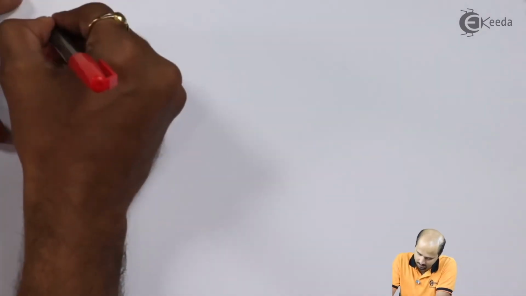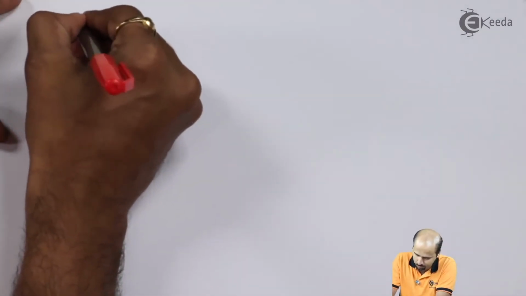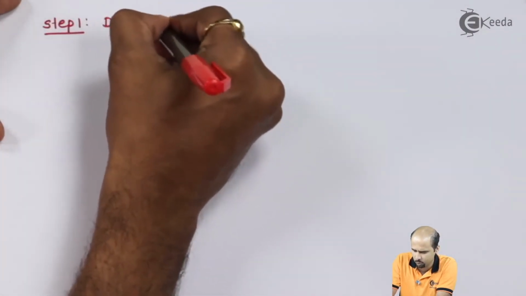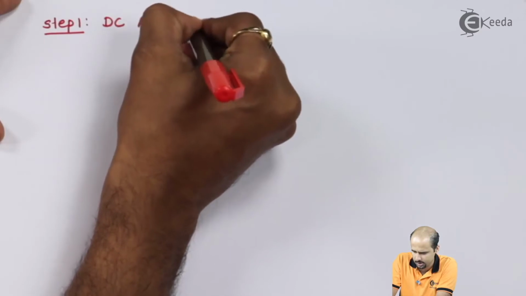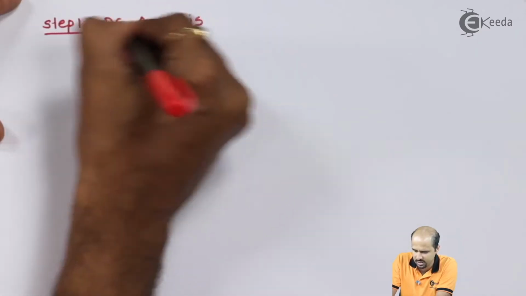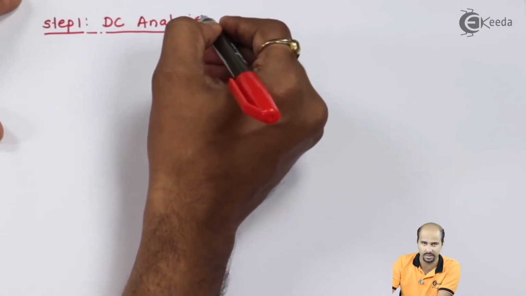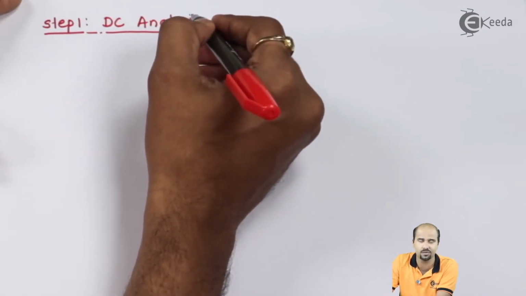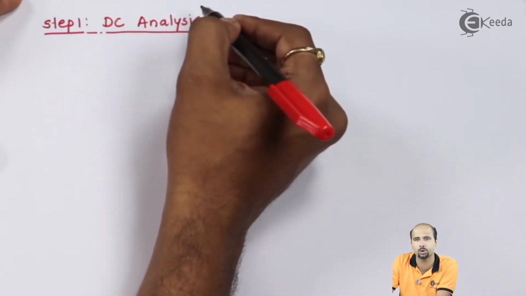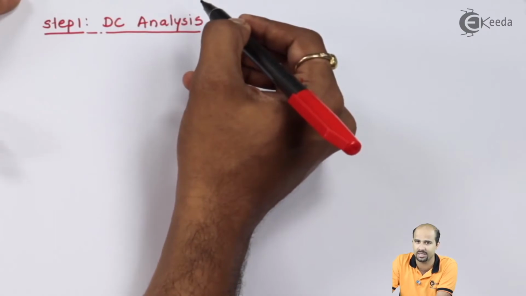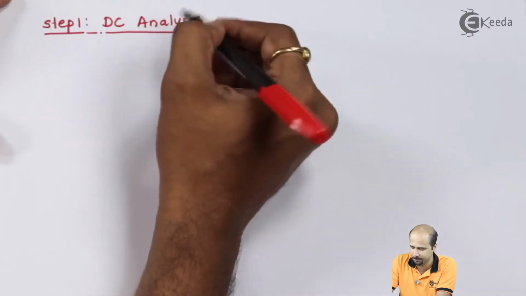Let us have step number 1. We'll first move to DC analysis. Do we really require DC analysis calculation? Yes. As far as the JFET is concerned, we don't know the value of gm. As far as the BJT is concerned, we don't know the value of r-pi and the value of gm for that BJT.